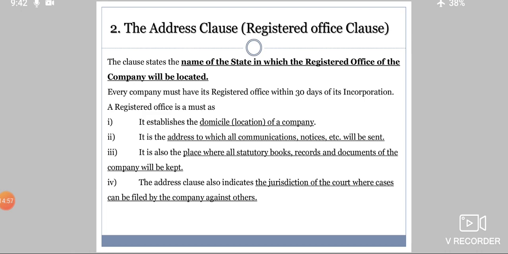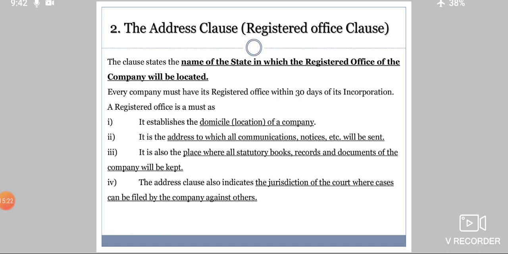That means if the government wants to have a correspondence, a communication with us, if the government wants to send a letter to a company, the government is going to send it to the registered office address. The third point here is it's a place where all statutory books, records and documents of the company will be kept.